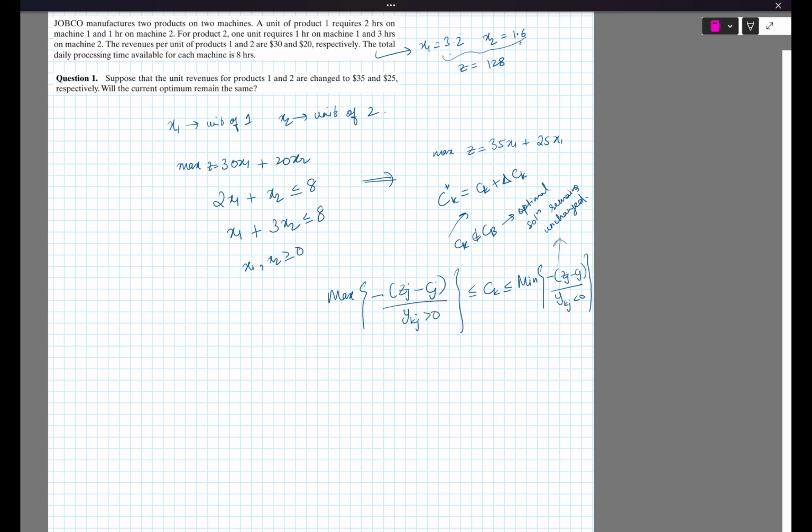Okay. So even if we know the solution, we have to compute. I think here it should be delta ck. Yes, delta ck was there.